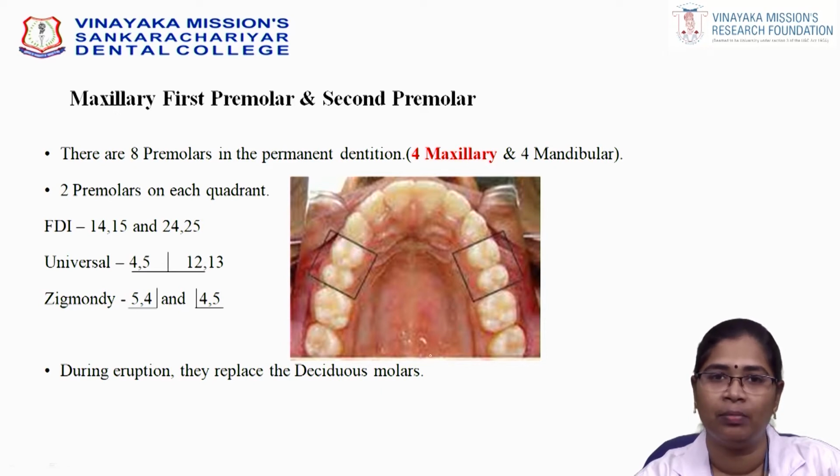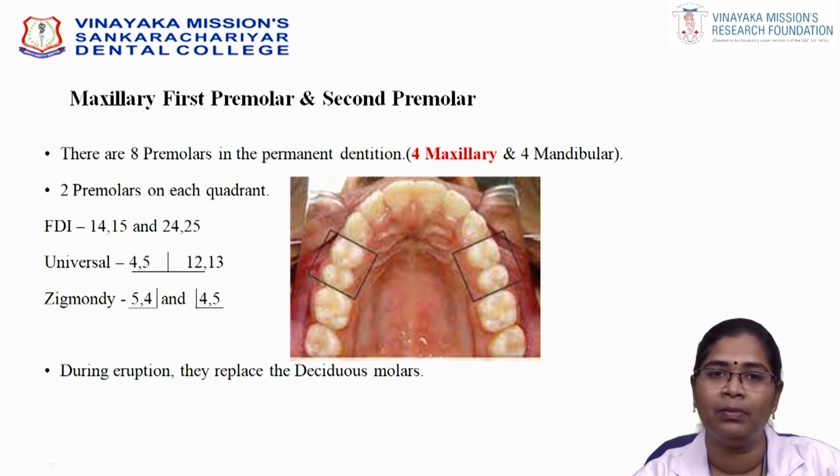Based on the universal numbering system, as we know, the numbering starts from the upper right quadrant to the left quadrant, and the teeth are numbered 1 to 16. Based on that, the maxillary right second premolar is numbered 4, the right first premolar is numbered 5, the maxillary left first premolar is 12 and the maxillary left second premolar is numbered 13.